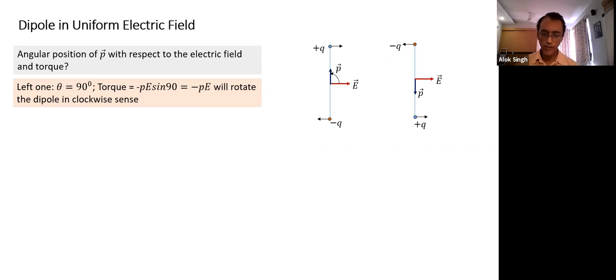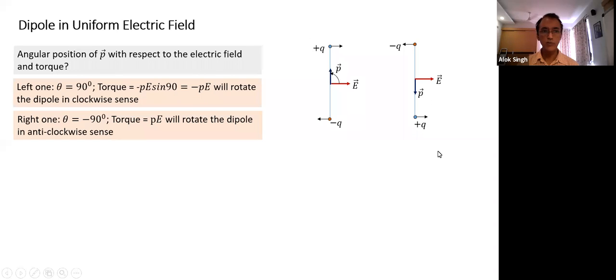These are simple examples so that we get a sense of how the torque acts for different orientations of the dipole. In the right figure, theta is equal to minus 90 degrees. Theta is the angular displacement of the dipole vector with reference to the electric field. Torque is equal to PE and will tend to rotate the dipole in the anti-clockwise sense.